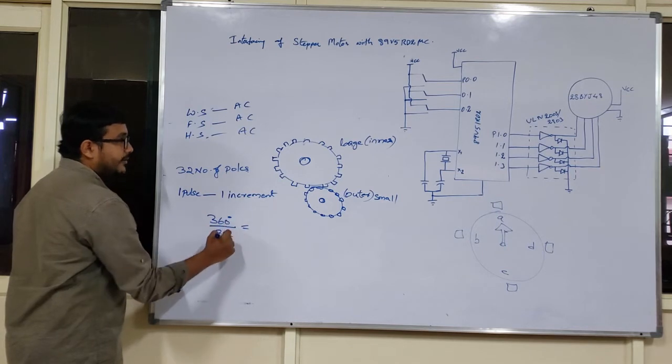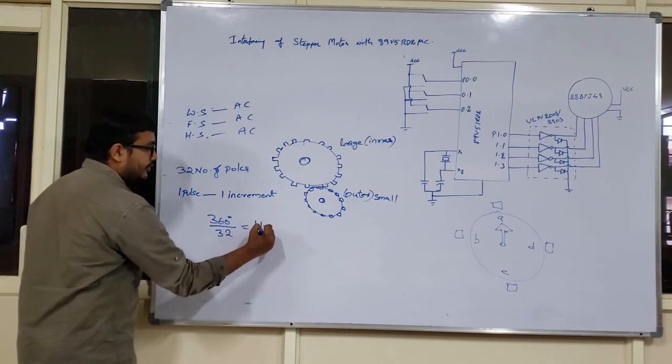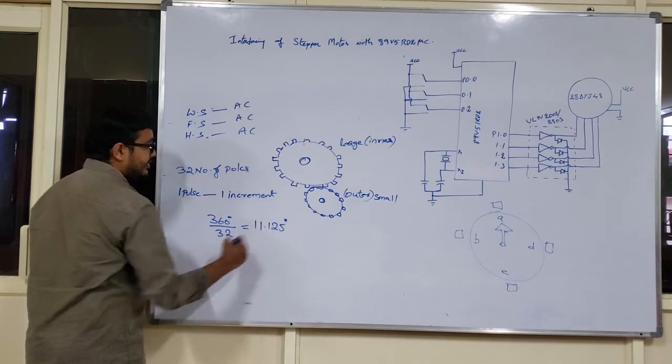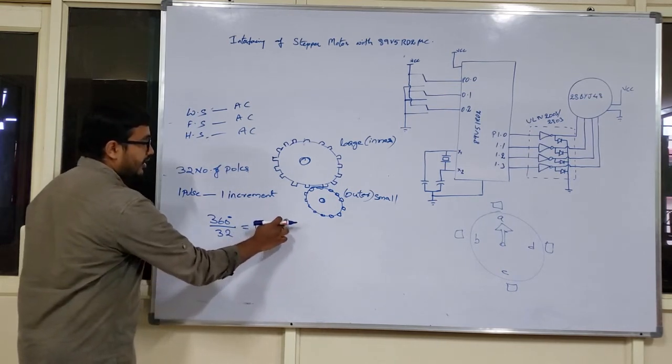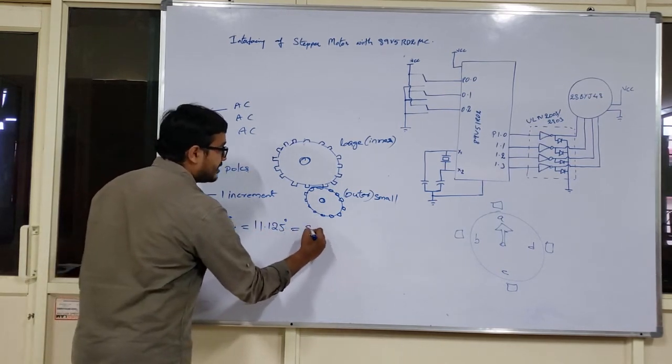360 degrees divided by 32 poles gives the value of 11.25 degrees. So 11.25 degrees is your step resolution.